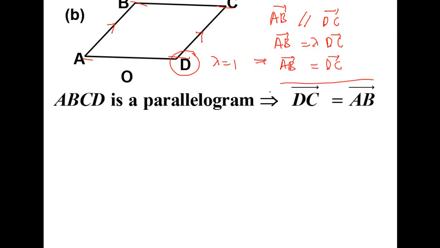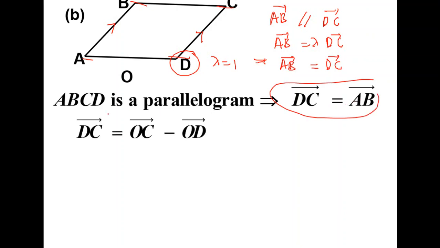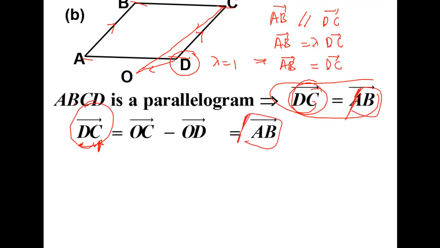From the given equation, vector DC is equal to vector OC minus vector OD, which is equal to vector AB. DC equals AB.